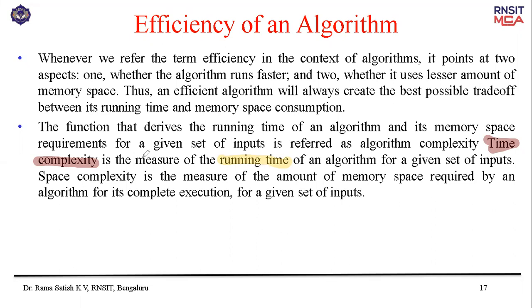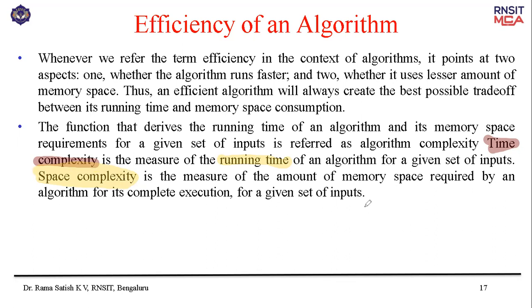And the space complexity also. Space complexity is nothing but how much memory space it is going to occupy, and is the measure of the amount of memory space required by an algorithm for its complete execution for a given set of inputs.